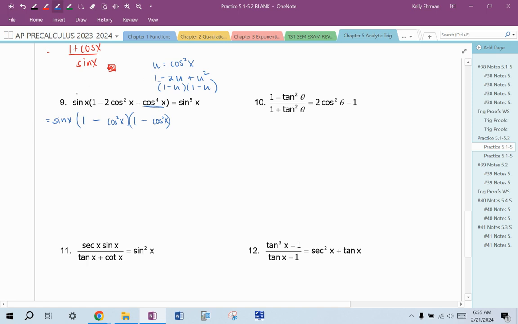Or if you spin this around, u minus 1, it doesn't matter. And so then in place of u, I put back the cosine squared. Okay, somehow we're supposed to get sine to the fifth. Well, 1 minus cosine squared should be jumping out at you at this point as sine squared. So each of those is a sine squared. And exponent rules say if we're multiplying common bases with exponents, we just add their exponents. So 1 plus 2 plus 2 is sine to the fifth.